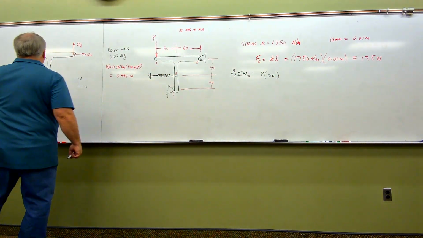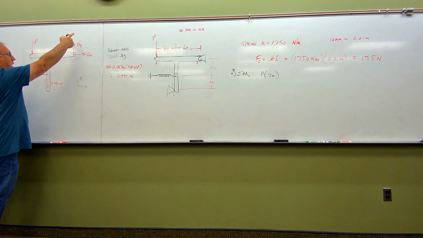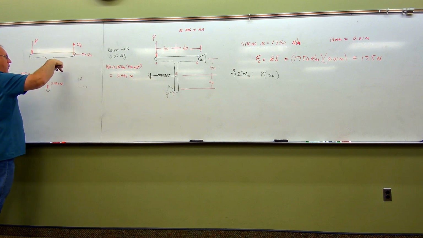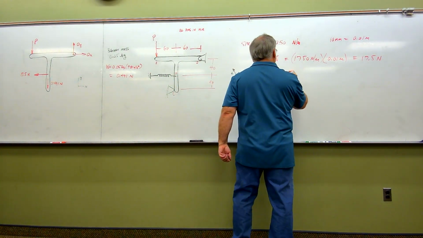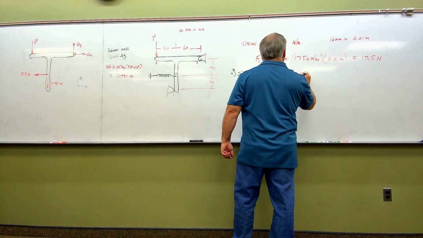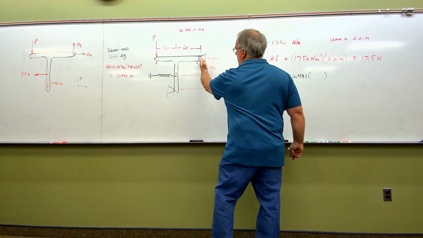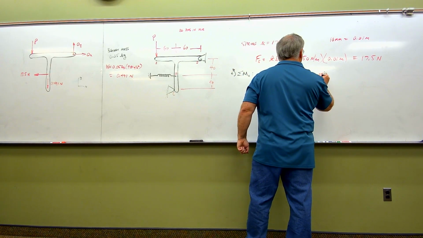Now, let's take the 0.491, that too is causing a counterclockwise rotation about point O, so it's positive, so plus 0.491 times its moment arm, which from here over to the midplane is simply 60. Done.